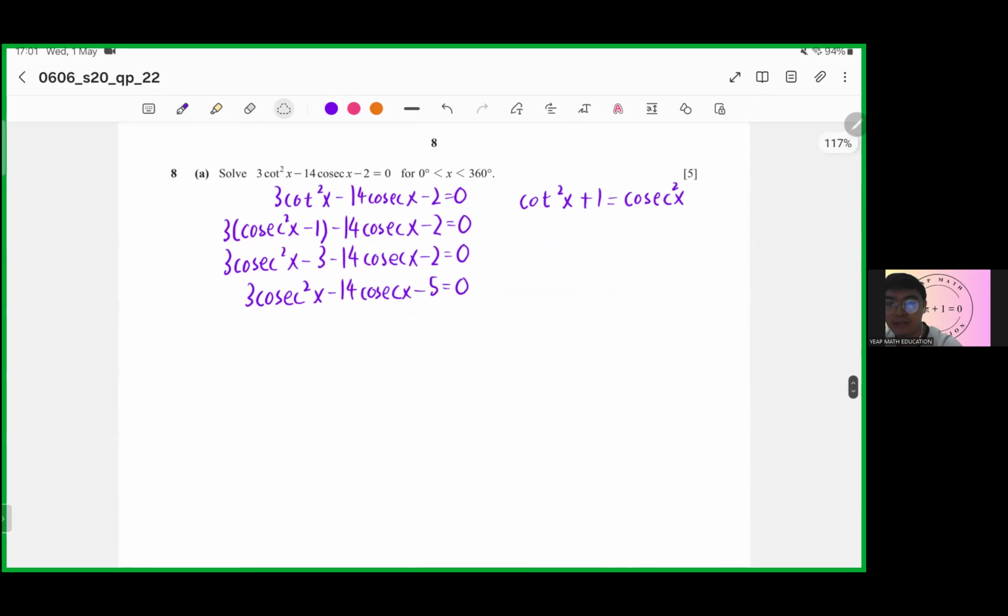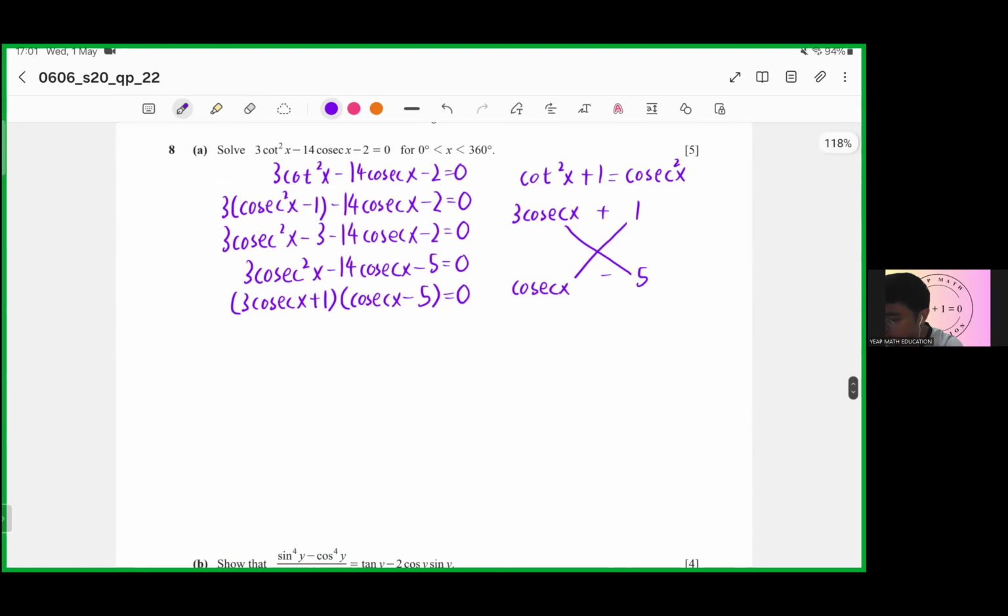So you see this equation is like a hidden quadratic, but we can factorize these equations. Three cosec plus 1, cosec minus 5 equals 0. Okay, this is very important and you need to do it this way.